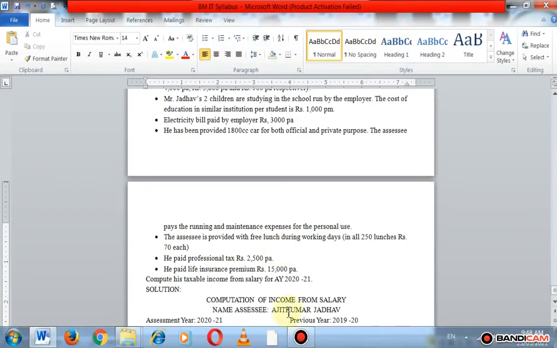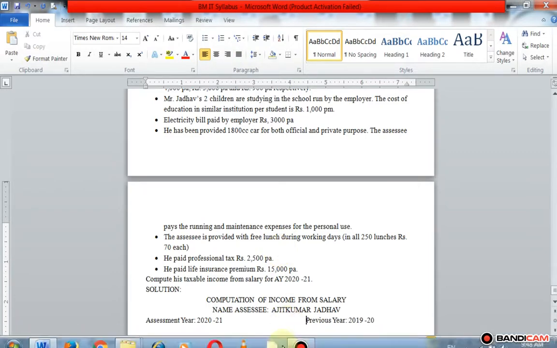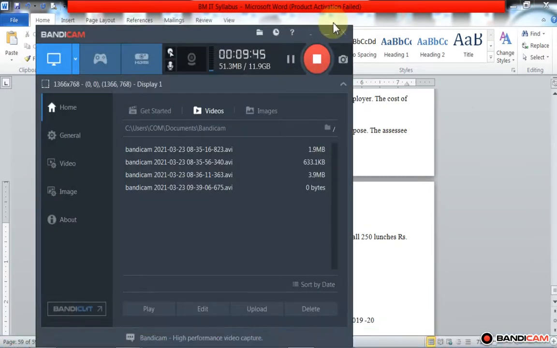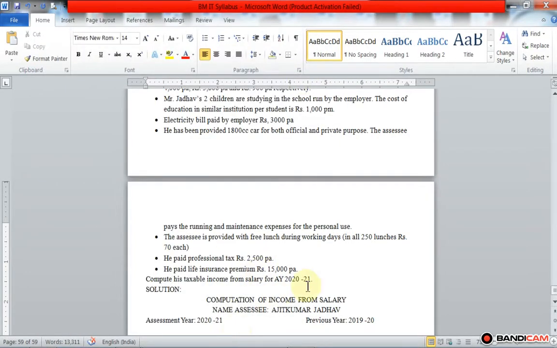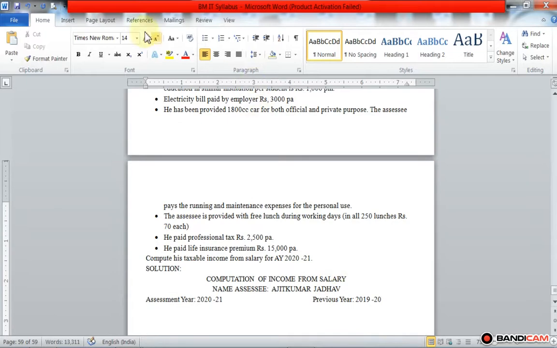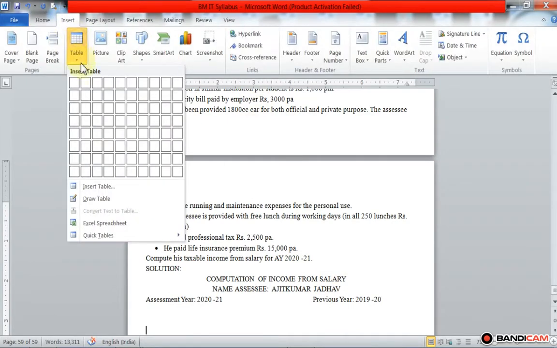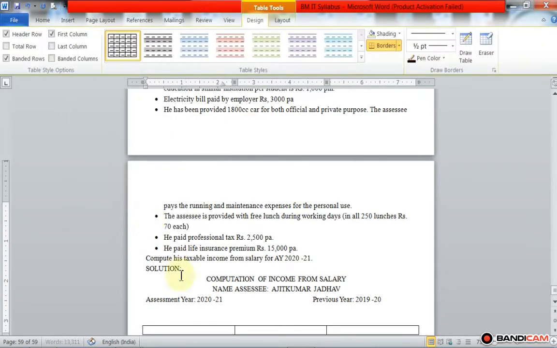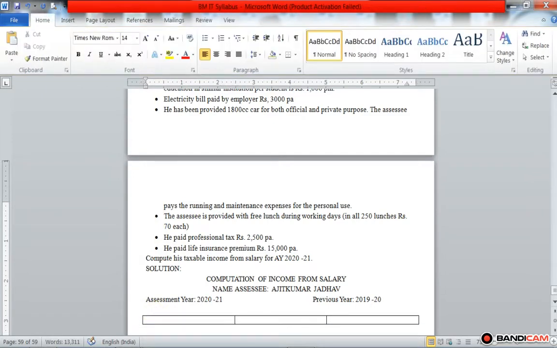Then prepare two columns, that is particulars and rupees.